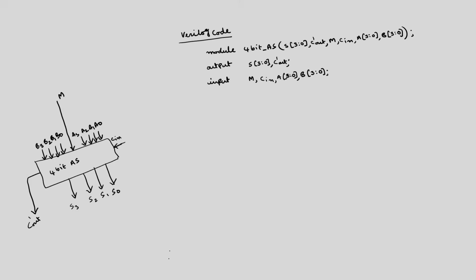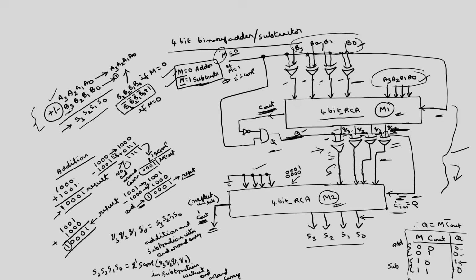Now we have to define some wires. What are the different wires required? You see here the connections that are not available outside. Here we require this, I will call it P3, P2, P1, P0. So these 4 wires you have to define. Then here we have Q3, Q2, Q1, Q0. Similarly, here you can call this R3, R2, R1, R0.